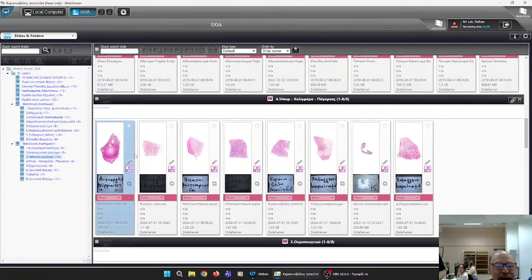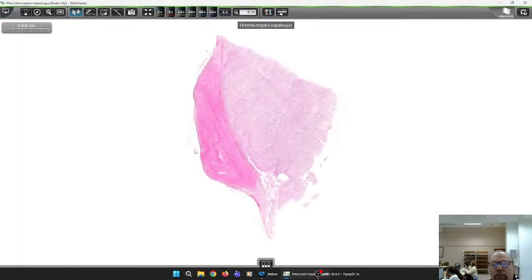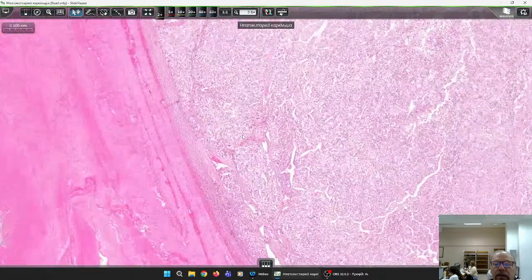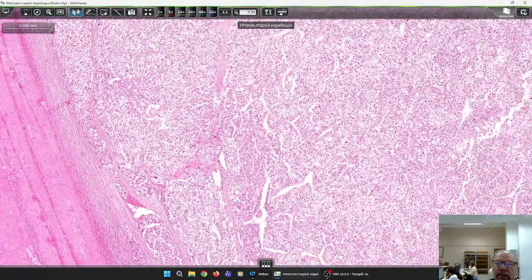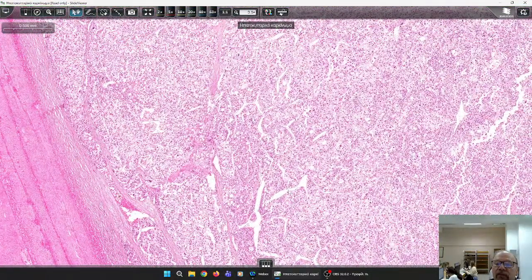Okay. And the other one, now we'll have the hepatocellular carcinoma. We have 2 slides. So you see here all this tissue having a sinusoidal pattern of circulation.